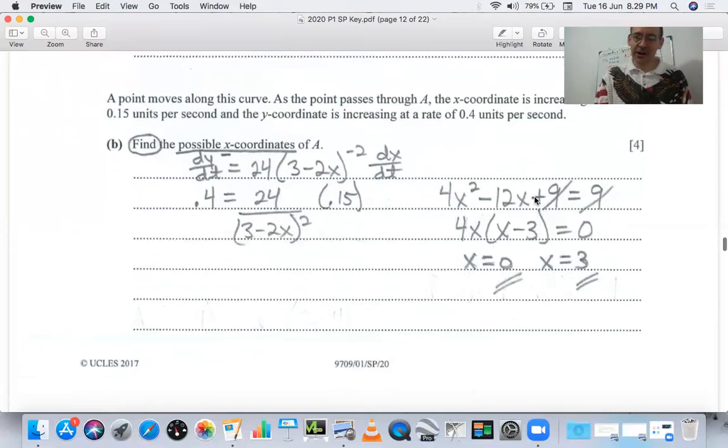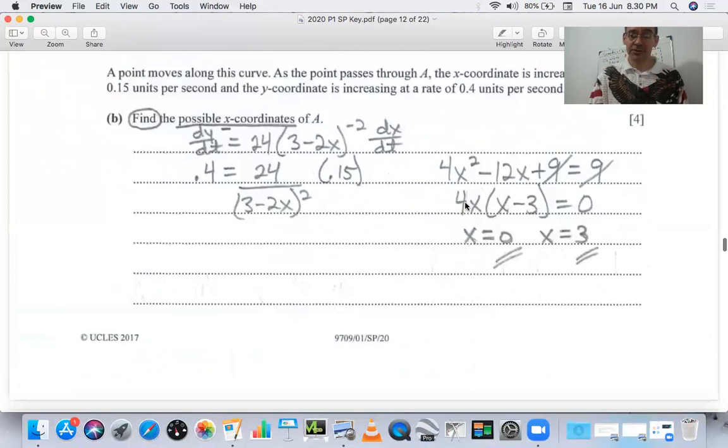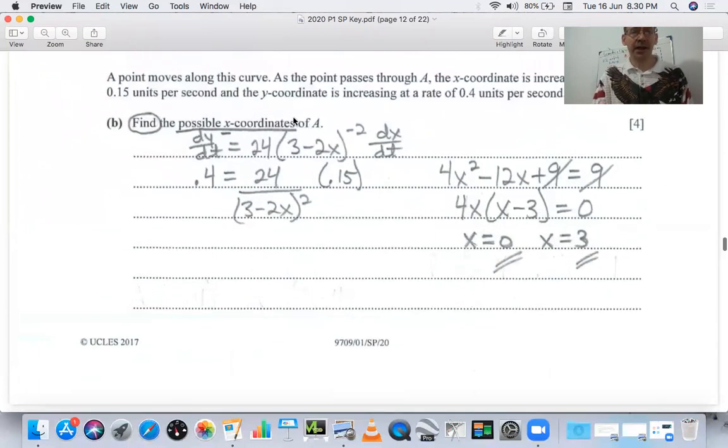Now there's a 4x common to both terms, and you get x minus 3 and 0 on the right. So you set each of those equal to 0, your zero product property. And so when you divide 4 into 0, you get 0. And when you solve for x minus 3 equals 0, you get x equals 3. So the possible x coordinates, plural, of A are 0 and 3.